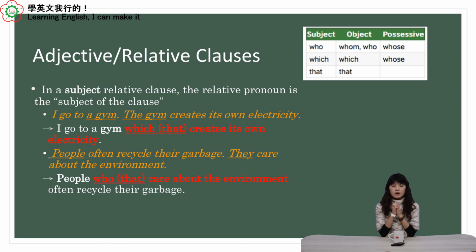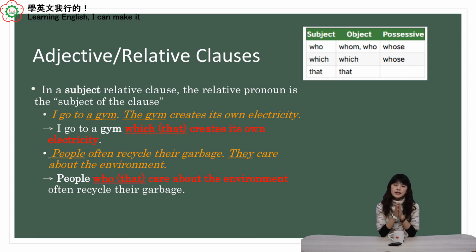We are going to use relative pronouns, including who, which, and that, to replace the same noun that shows up twice in the sentence. You use who as a relative pronoun to replace a subject that is a person, and you use which to replace a subject that is something or an item. That can be used for either situation, or both.